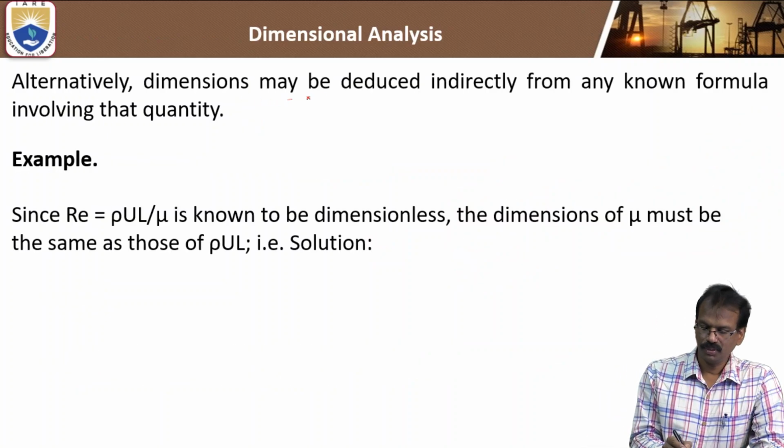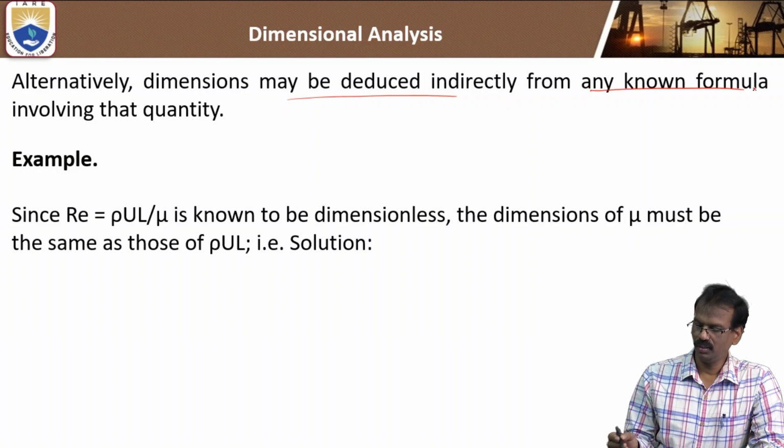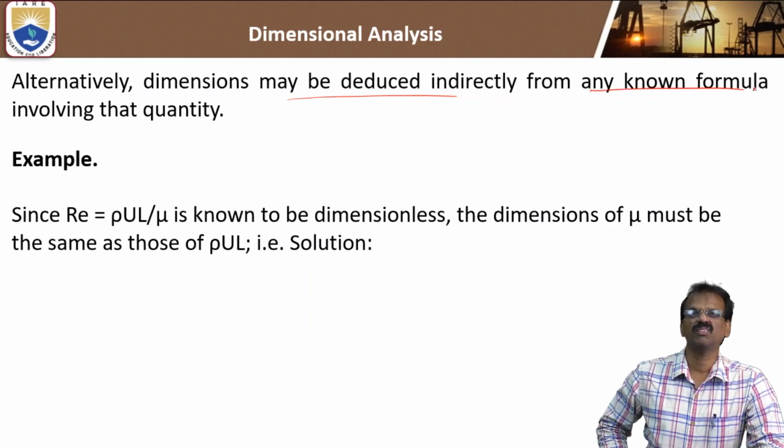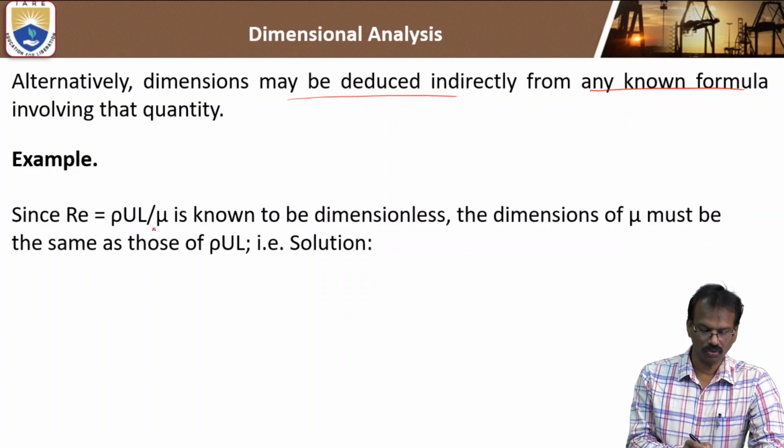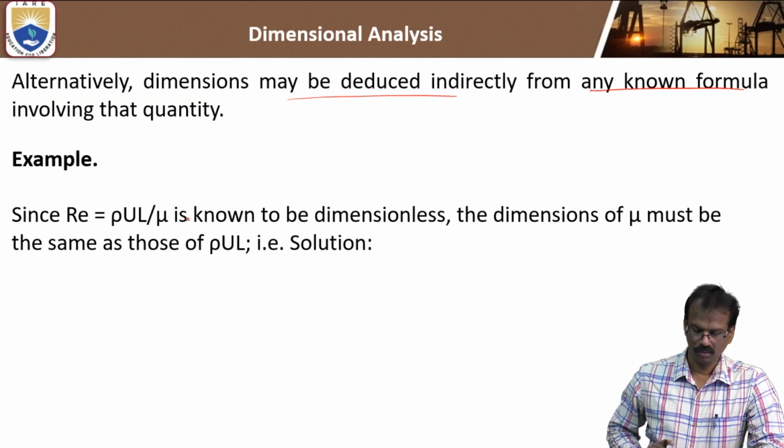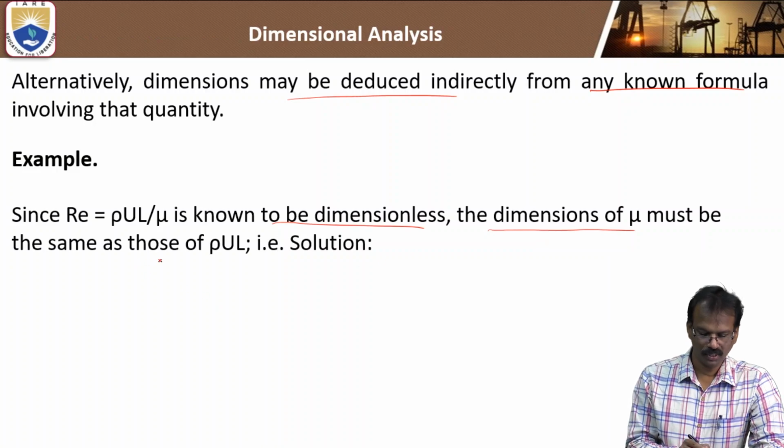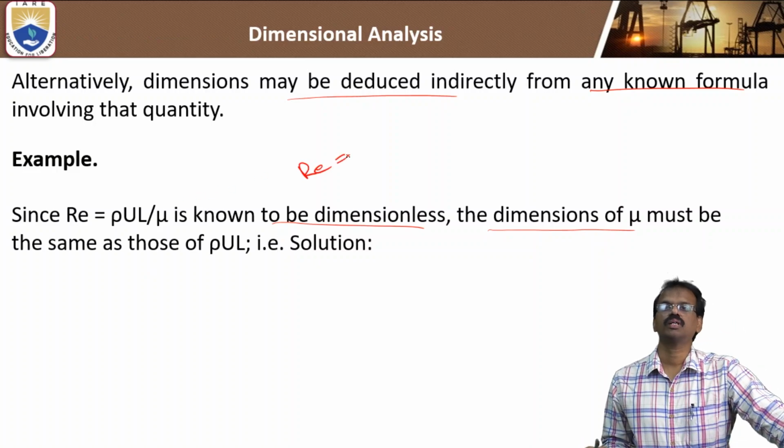Alternatively, dimensions may be deduced indirectly from any known formula involving the quantity. Here the Reynolds number, Re, is equal to rho ul by mu. It is a dimensionless number, so the dimensions of mu must be the same as rho ul. In the last class we already discussed this.